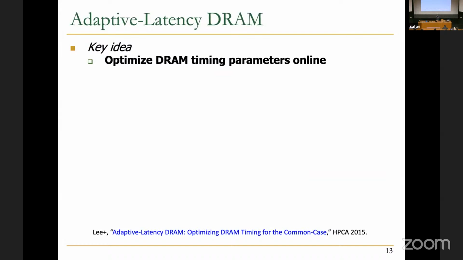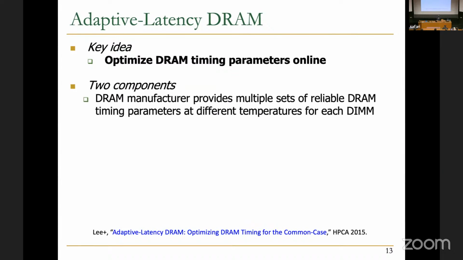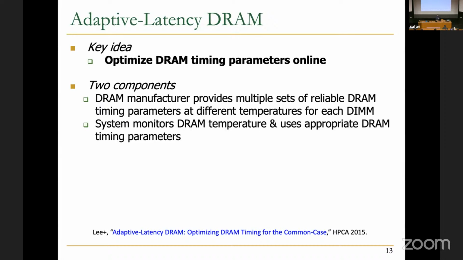Okay, so I'll talk about several papers. This is the first one, Adaptive-Latency DRAM. The key idea is to optimize the DRAM timing parameters online. It has two components. The first is that the DRAM manufacturer ideally provides a set of reliable DRAM timing parameters for different temperatures for each module.